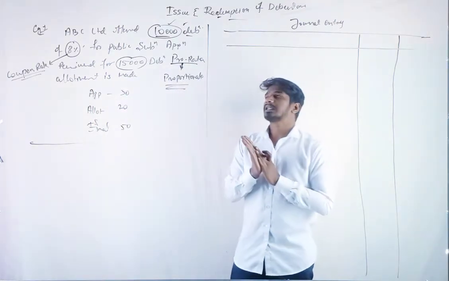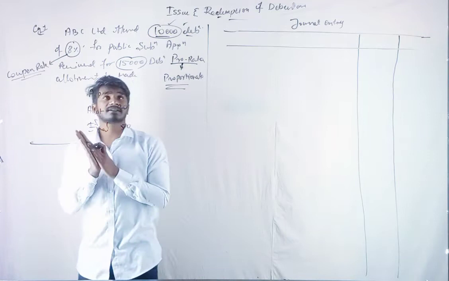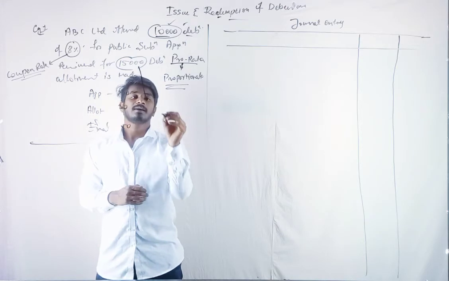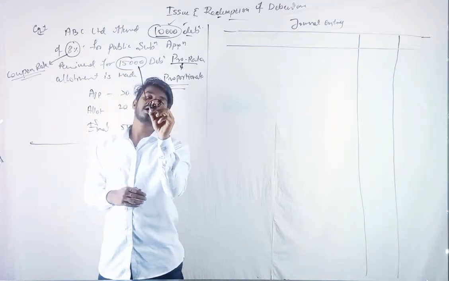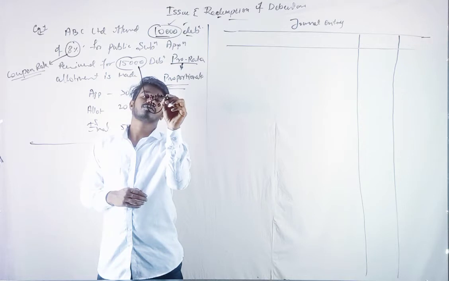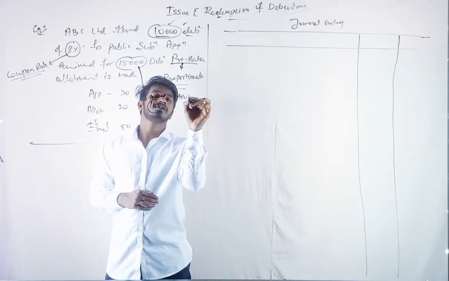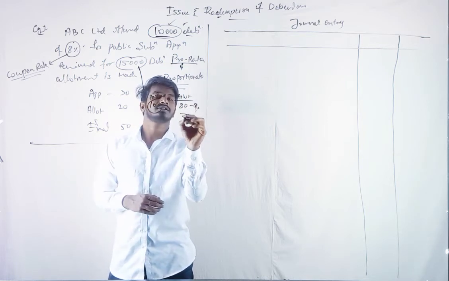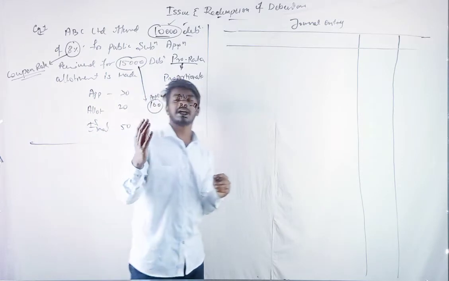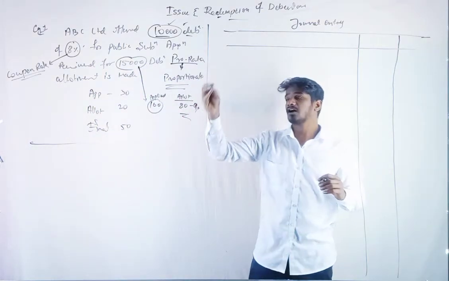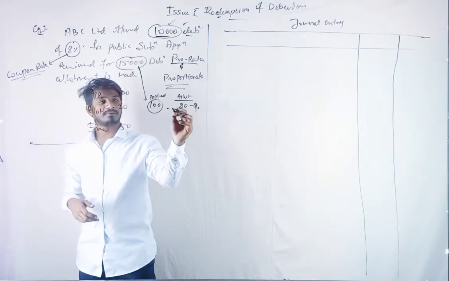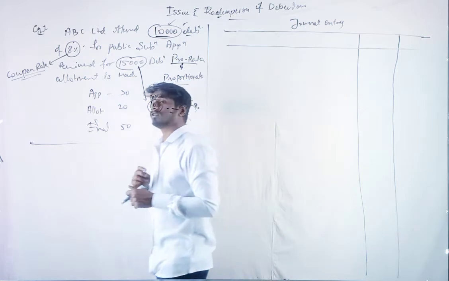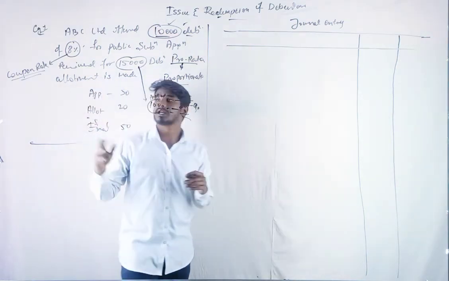We are not going to reject the applications, but we will make a pro rata allotment. It means if you applied for 100 debentures, we will allot you 80 or 90 debentures, whatever it may be. This is called proportionate allotment. Did you understand that?